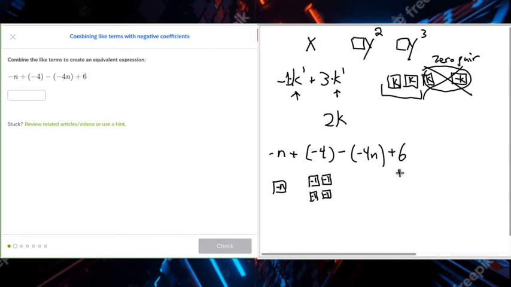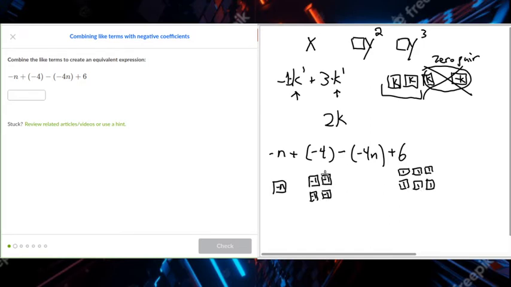And over here I have 1, 2, 3, 4, 5, 6. So that's 6. So I've got negative 1, negative 4 plus negative 6.